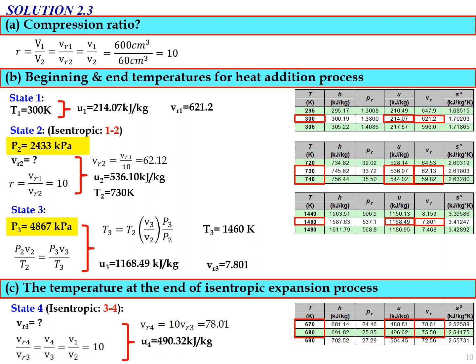And then you will get the answer for question C, the temperature T4. By interpolation between VR and temperature, we can obtain the value for T4, which is equal to 671.93 Kelvin, which represents the temperature at the end of the isentropic expansion process. Okay, next.